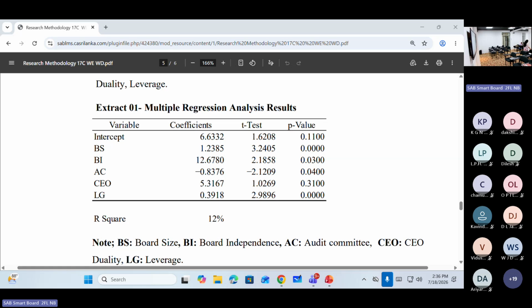This relationship is negative, but significant, since the P value is less than 5%. This is basic statistics that you have learned. What we are doing is applying it to the research context.